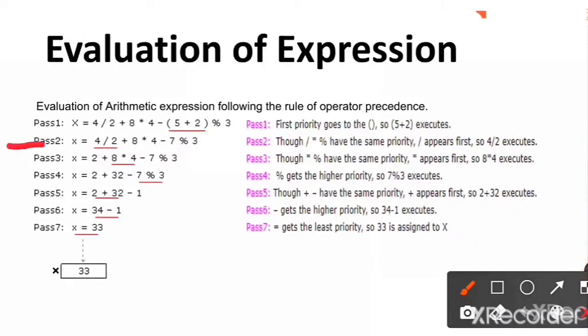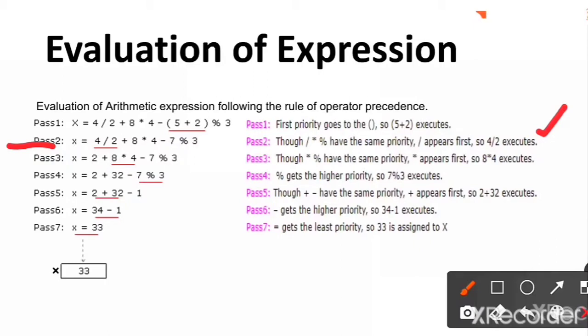In the second pass, you can notice the arithmetic expression has multiple operators with the same precedence; division, multiplication and modular division operators have the same priority. Out of these, the division operation is performed because it appears first in the expression. Hence, in the second pass, 4 divided by 2 is executed and you will get the answer 2.